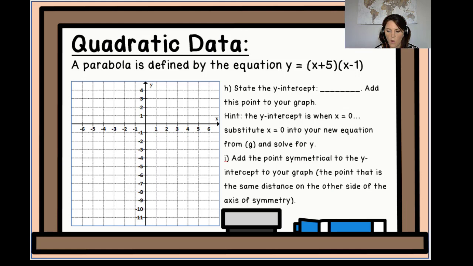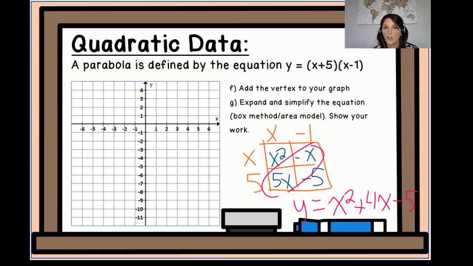Part H, we're going to state the y-intercept. The reason that we expanded and simplified in the last example was because we need the last digit, the constant. If we go back to the previous example, y equals x squared plus 4x subtract 5. The subtract 5 is where our parabola is going to cross the y-axis, in other words, that's the y-intercept.